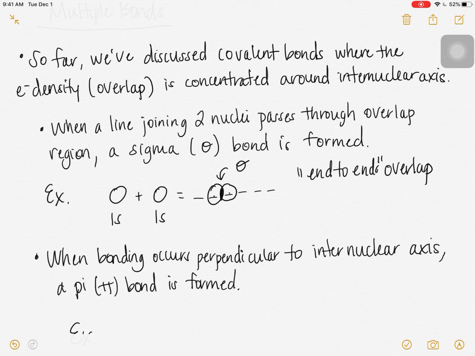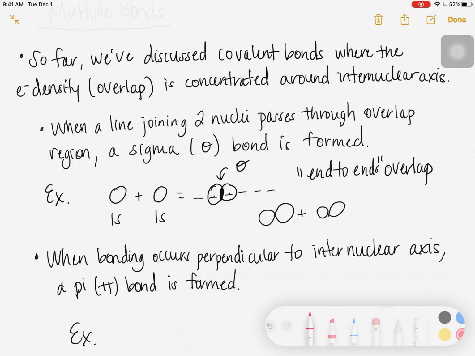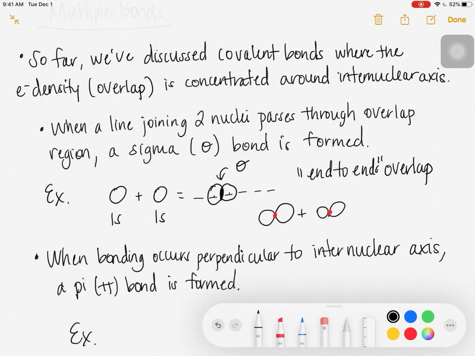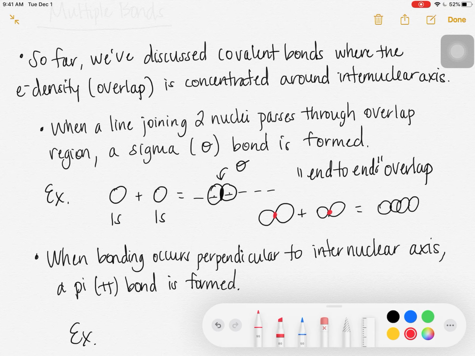We have other things that are sigma other than a 1s and a 1s. Let's say we had a 2p plus a 2p. Think about where the nucleus is, and maybe you've never thought about this. In a p orbital, the nucleus is right here. If I were to bring those two together, I get something that looks like this, and then overlap.